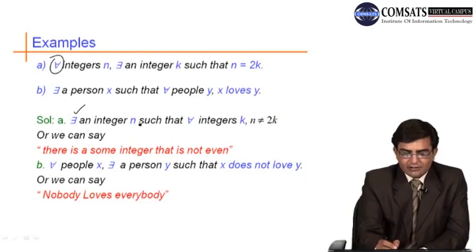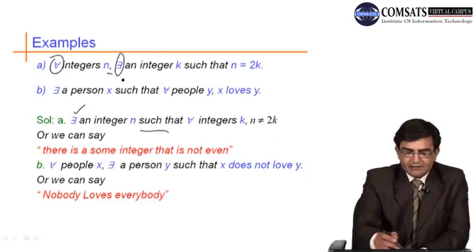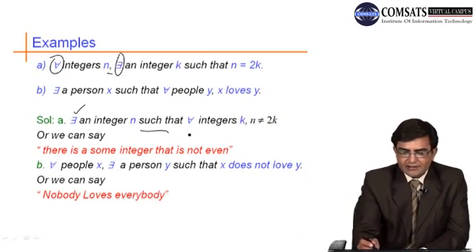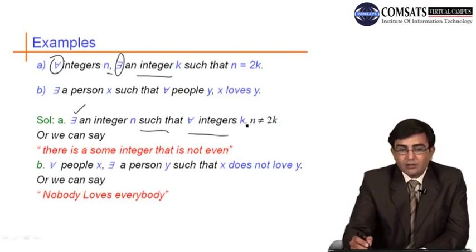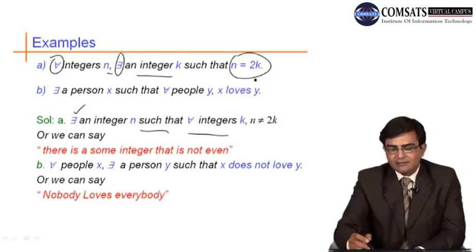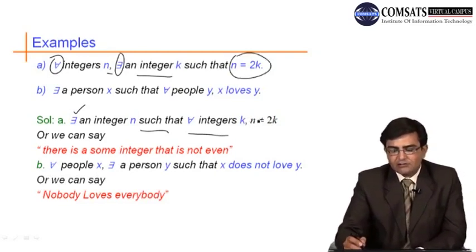This comma will be converted to such that, and there is an integer k will be converted to for all integers k, such that will be converted to a comma, and we apply the negation on n is equal to 2k, which gives us n is not equal to 2k.